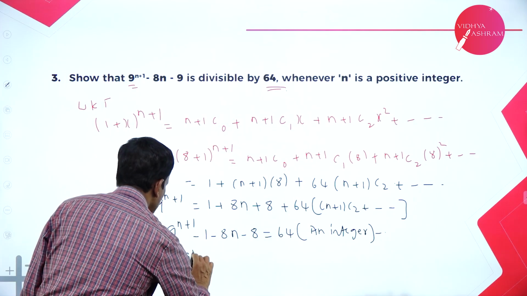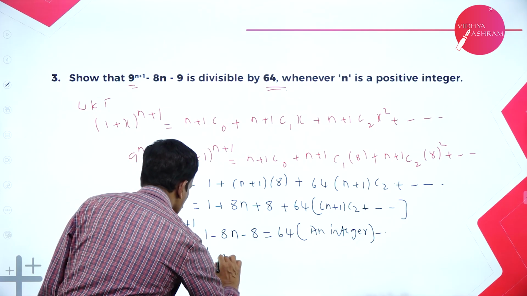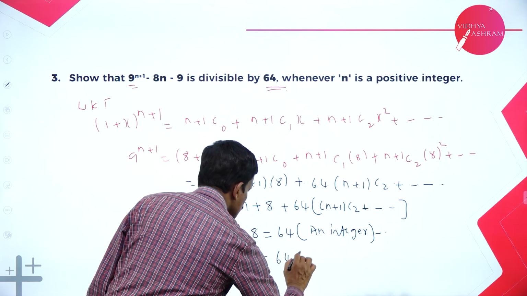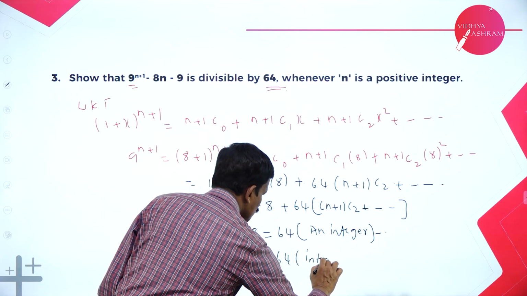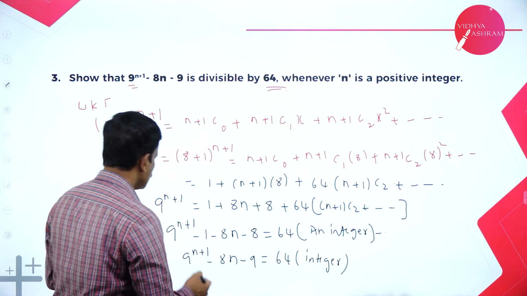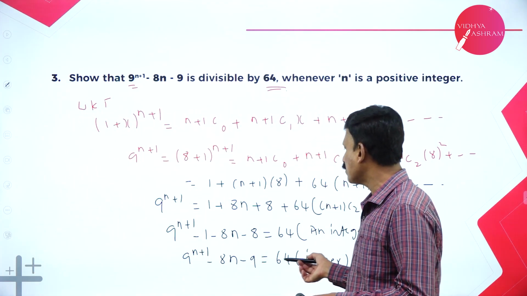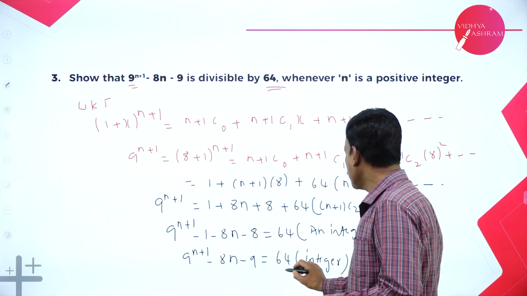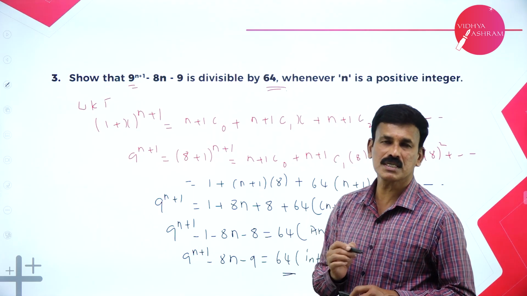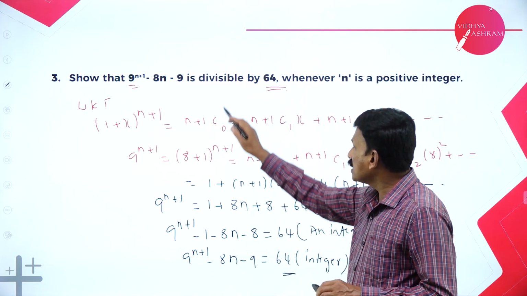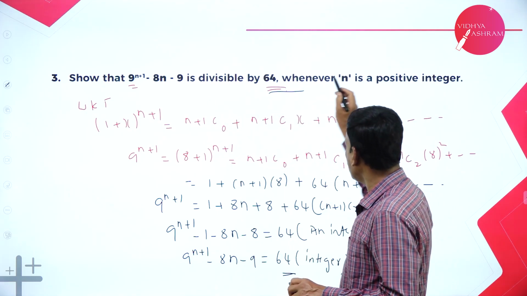That means 9^(n+1) minus 8n minus 9 is equal to 64 times an integer. What is the meaning? 9^(n+1) minus 8n minus 9 is divisible by 64. That's it.